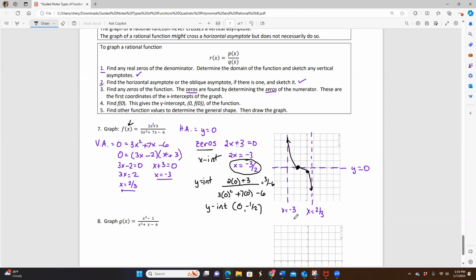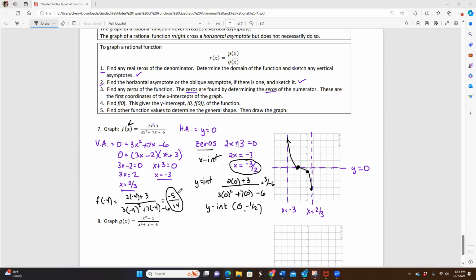So we just substitute a value in. Let's substitute x equals negative 4 into this function. So if we find f of negative 4, that's going to give us 2 times negative 4 plus 3 over 3 times negative 4 squared plus 7 times negative 4 minus 6. Let's see what that is.